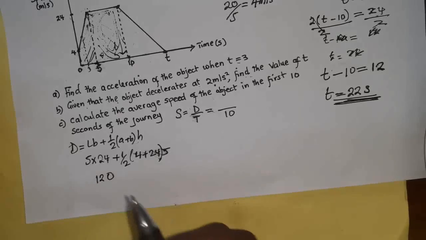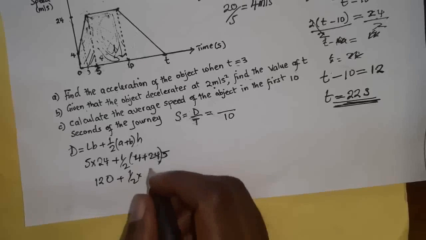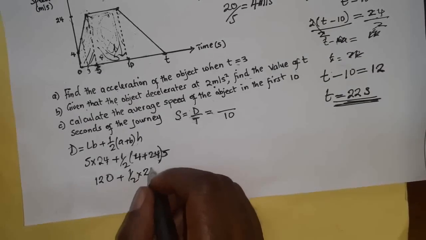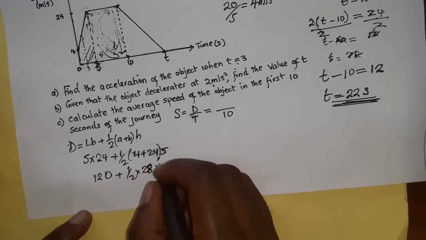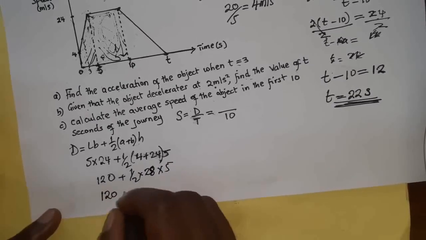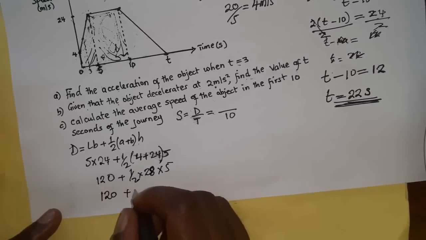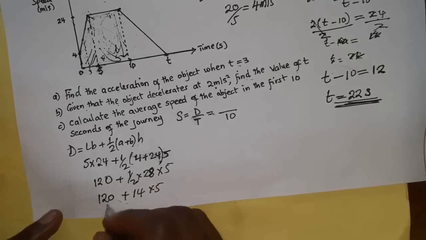This is what we're going to get. Then plus 1 over 2 multiplied by the sum, which gives us 28, multiplied by 5. So you have 120 plus, dividing 28 by 2 to be 14, then 120 plus 70.